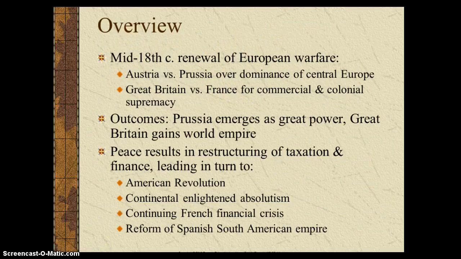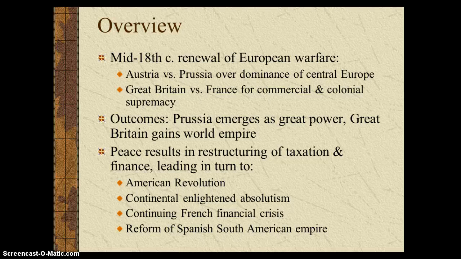Okay. Big overview. In the mid-18th century, this is the 1700s, 1750 on, a renewal of European warfare. Austria versus Prussia over dominance of Central Europe. Great Britain versus France for commercial and colonial supremacy. Outcomes: Prussia emerges as a great power, and Great Britain gains world empire.